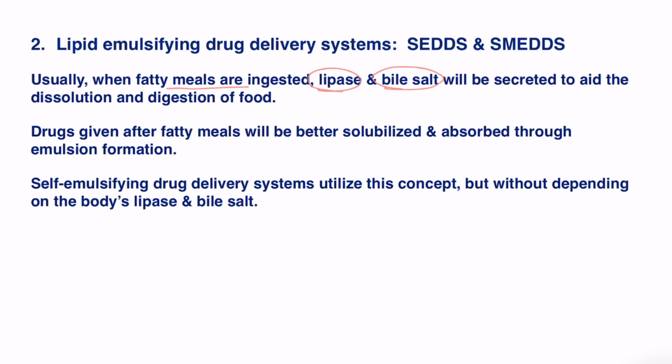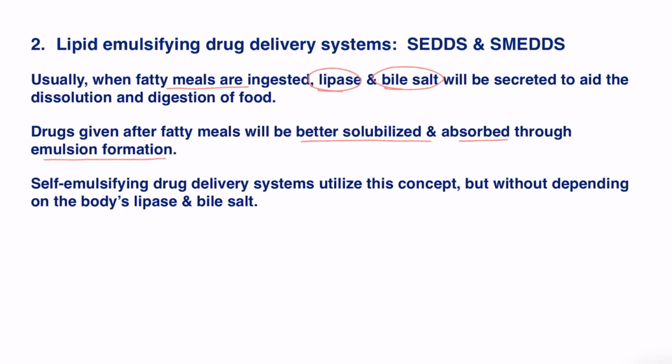So when poorly water-soluble drugs are given after fatty meals, lipase and bile salt that are secreted to digest the fatty meals will help solubilize these drugs, since they are lipophilic. So they resemble the food that we eat. And this can form something called emulsion, which is better absorbed than the drug's initial form.